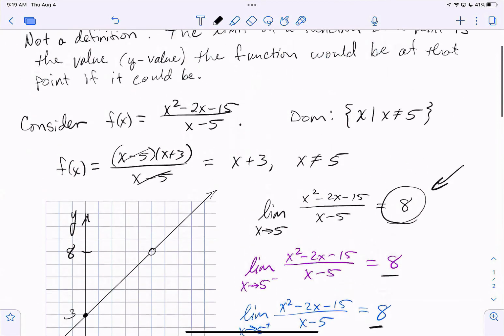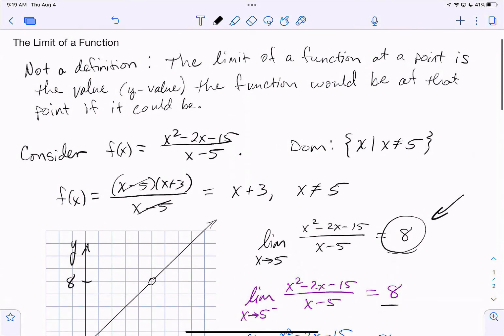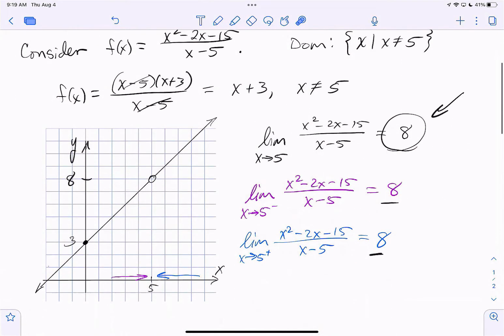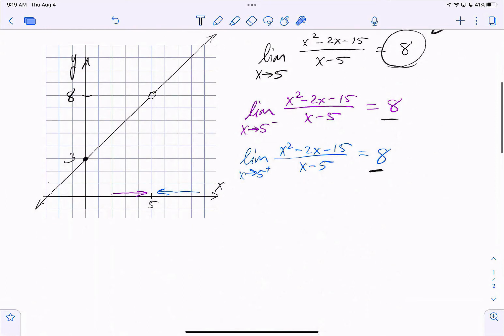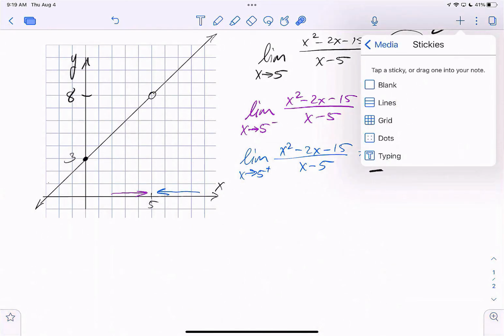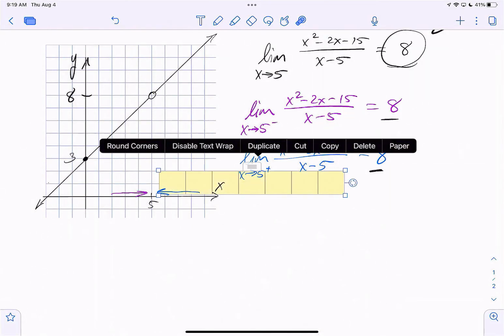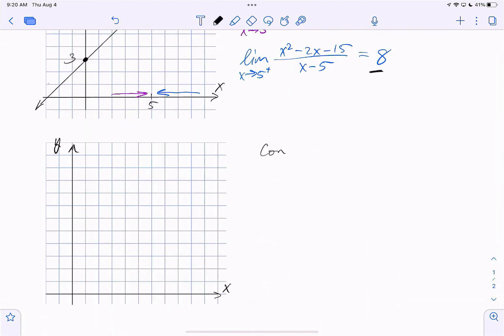Now, when I tell folks that the limit of a function is what it would be if it could be, I think that some folks make an inference that's not correct. So I want to dispel a misunderstanding right away. Let's consider a function that's related to the one that we just looked at.